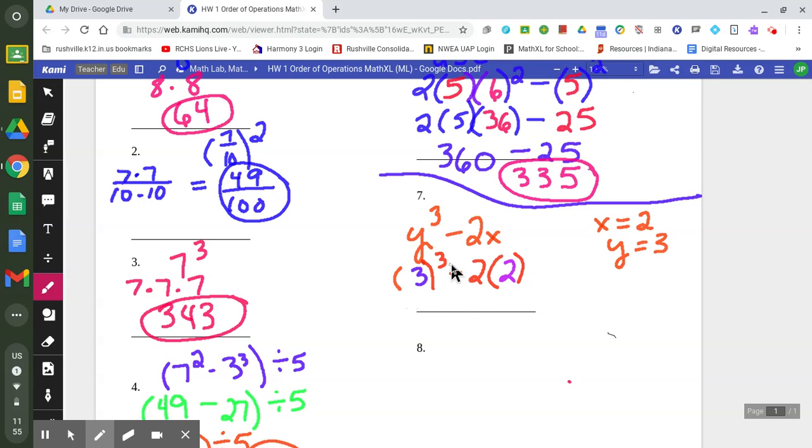So now I have 3 cubed, which remember means 3 times 3 times 3, which is 27. Minus, then I've got 2 times 2 is 4. So my last step, 27 minus 4 gives me 23. And again, all of that work is expected to be showed to get credit.